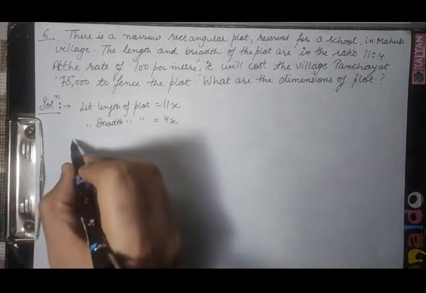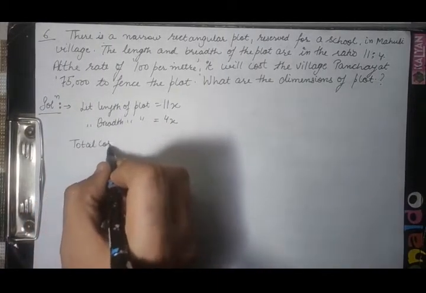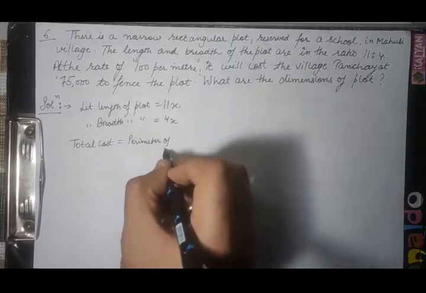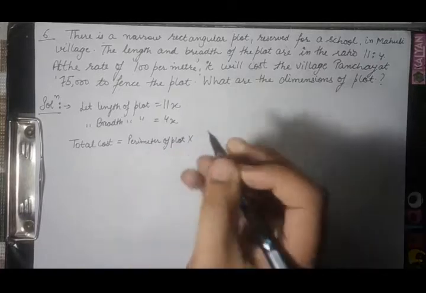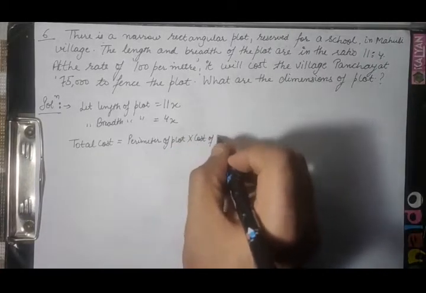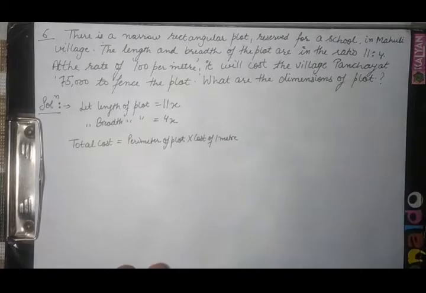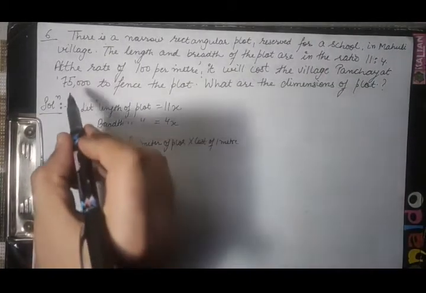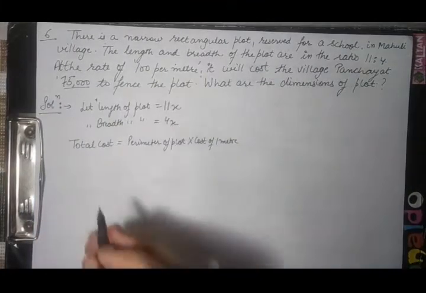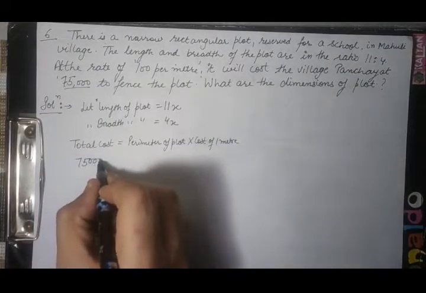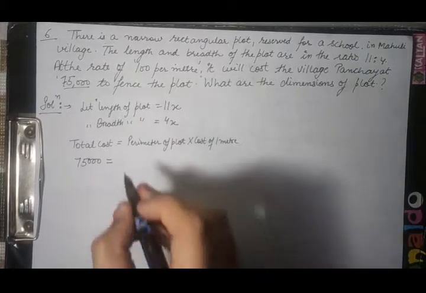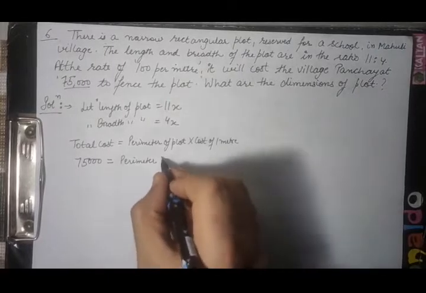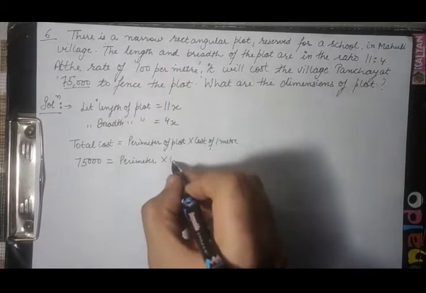So this can be written as total cost is equal to perimeter of plot multiplied by cost of 1 meter. So by this we can find the total cost. But here the total cost is given, 75,000. So we will put the value of total cost. The perimeter we don't know, so it will be written as this, and the cost of 1 meter is rupees 100.